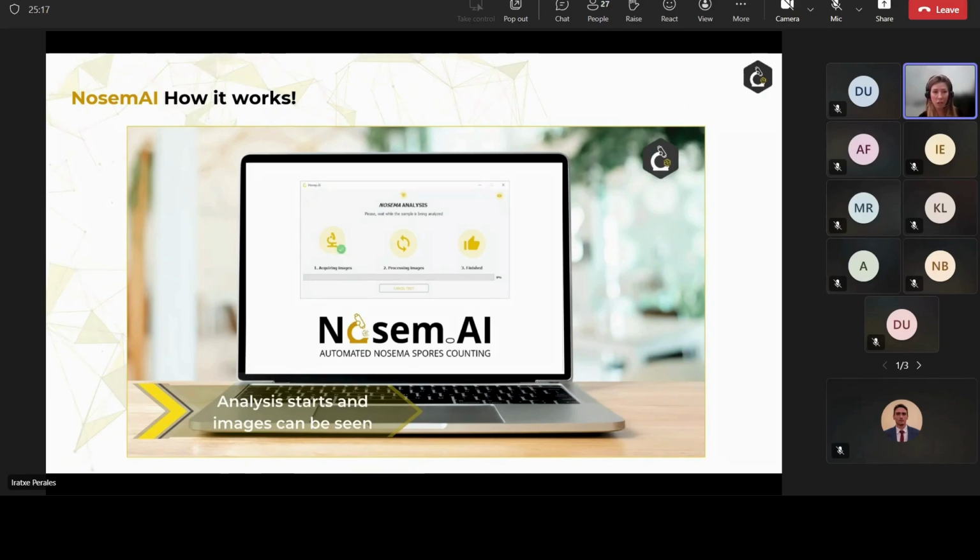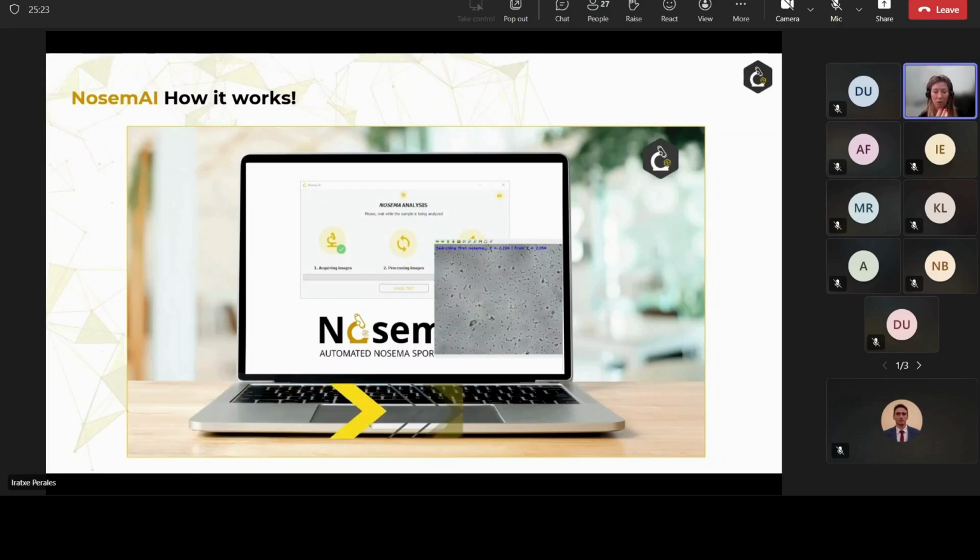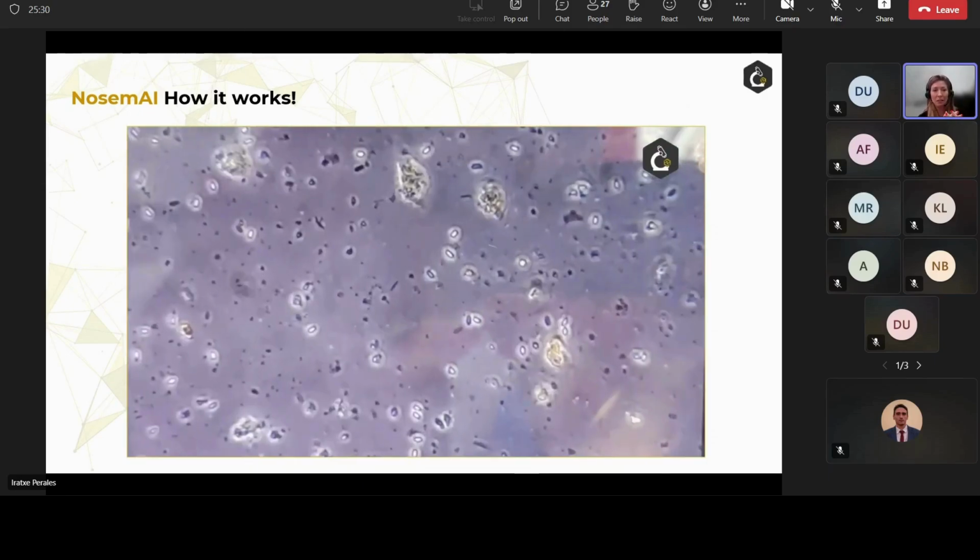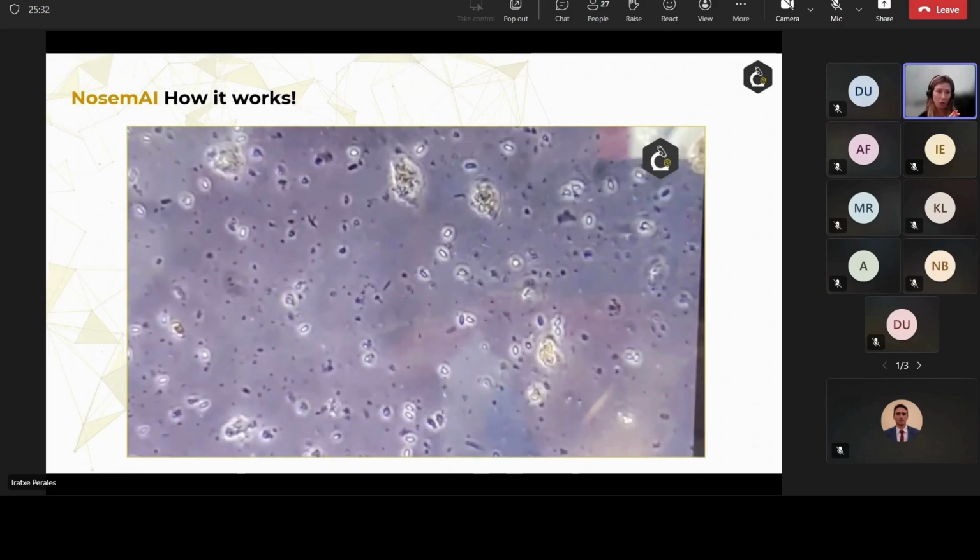As said, everything is autonomous. So once the sedimentation time has ended, which is 3 minutes, to let the spores settle in the sedimentation plane, it starts scanning and looking for the spores.